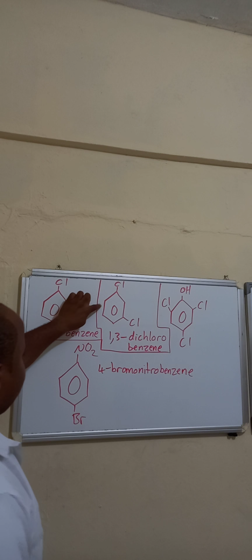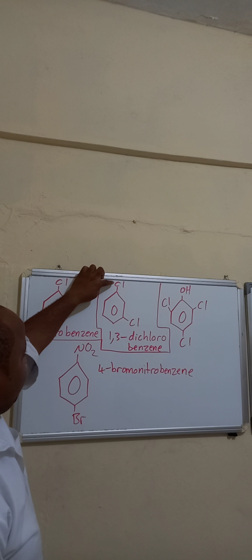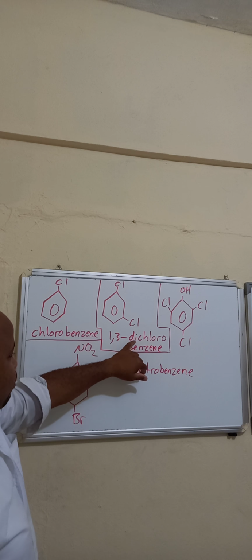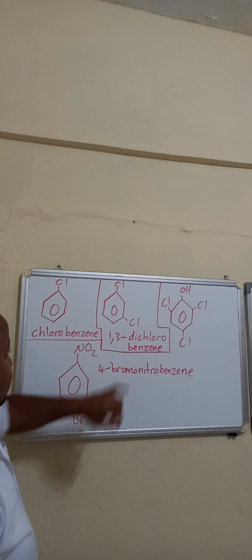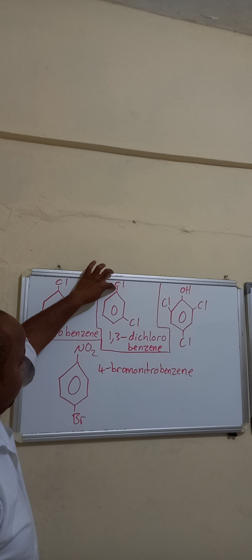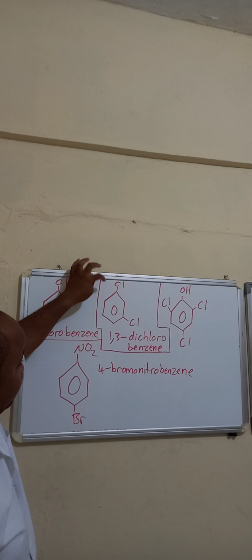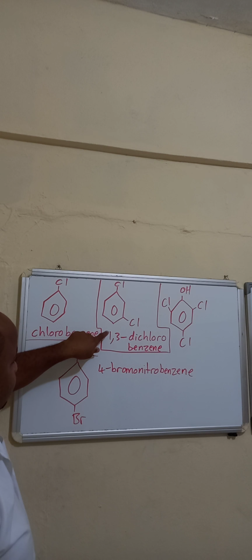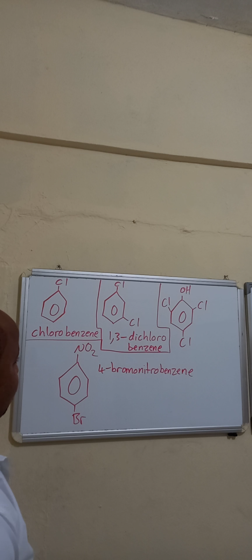Alright, for this one we have chloro groups, 2 of them, so it's dichlorobenzene. And as you can see, if you count in this direction, it's 1, 2, 3. So it is 1,3-dichlorobenzene.